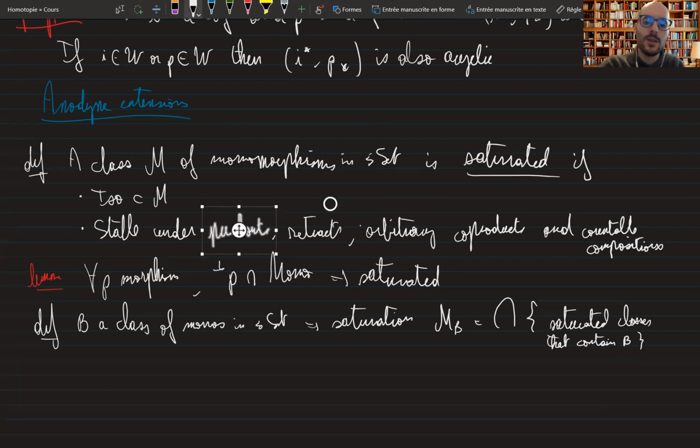It's stable under push-outs, retracts, arbitrary coproducts, countable compositions, and it contains all isomorphisms.